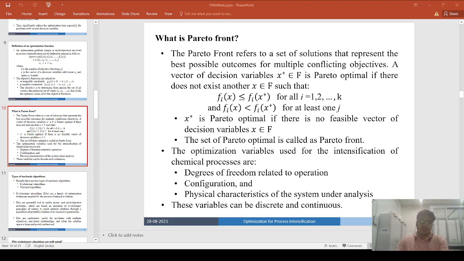And the function should be strictly less than f star. It should not happen that it becomes equal.